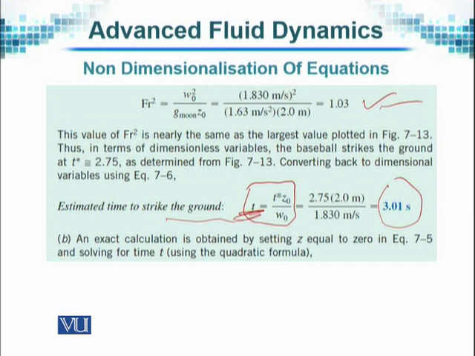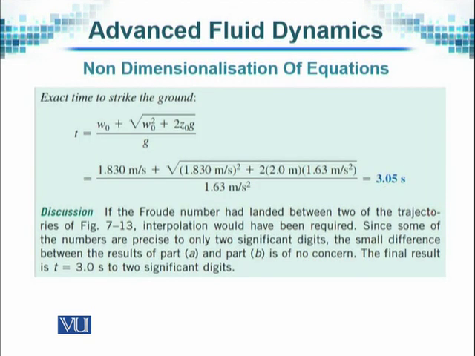An exact calculation, part B of the question, is obtained by setting Z equal to 0. When the ball touches the ground, we will have height Z equal to 0, and that will give us the value of time. The estimated time turns out to be 3.01. And when we calculate it from the equations of motion, the answer for time is 3.05 seconds.